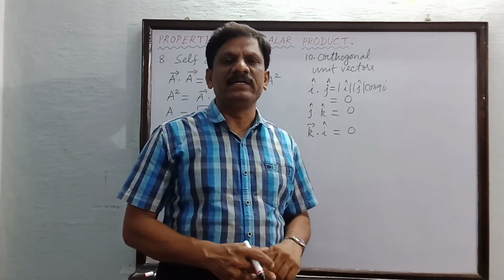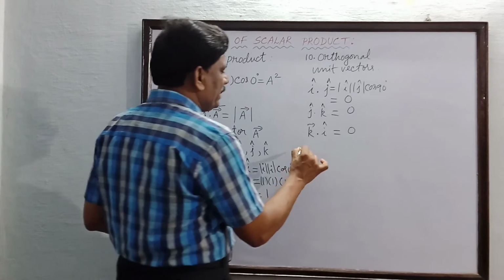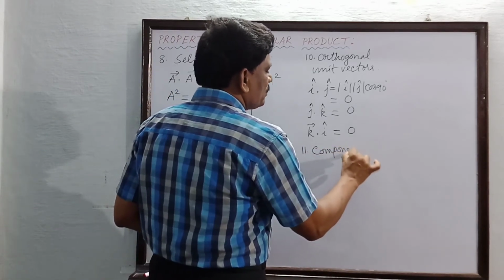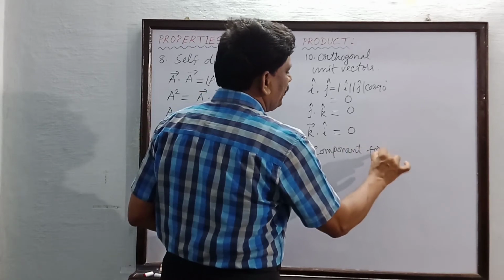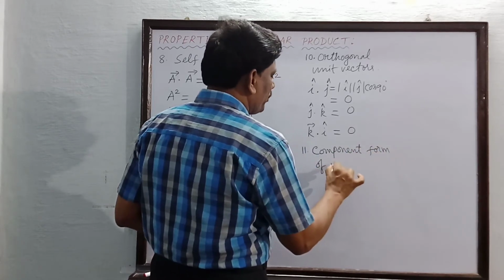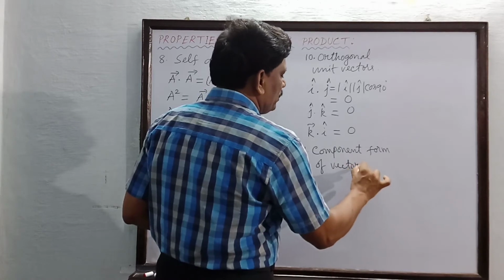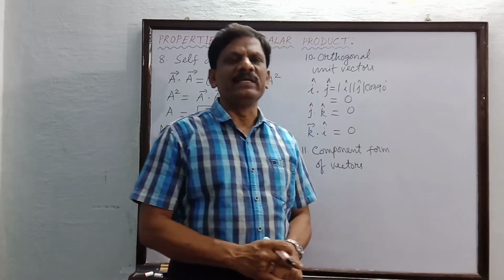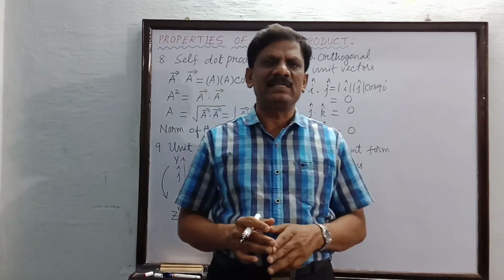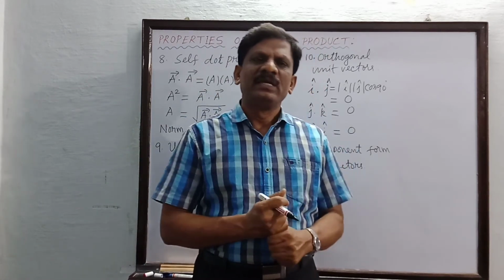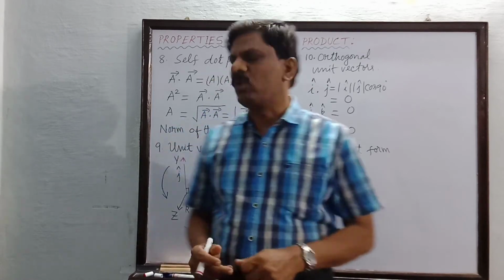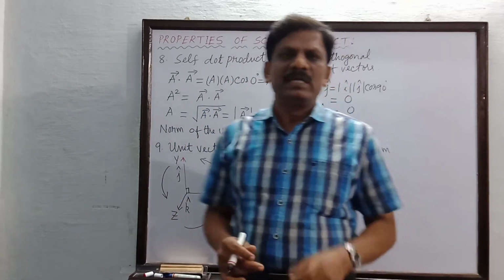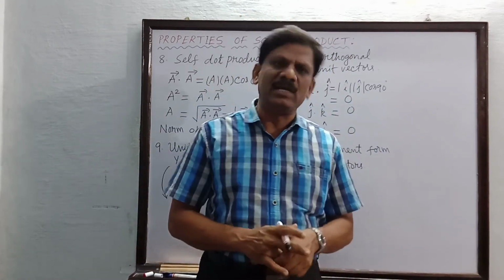Now, the next, 11th property is based on the component of vectors. So, the component form of vectors I am going to consider. In a two-dimensional Cartesian coordinate system, any given vector has two components. In the three-dimensional Cartesian coordinate system like the x, y and z system, the given vector can be resolved into three components.